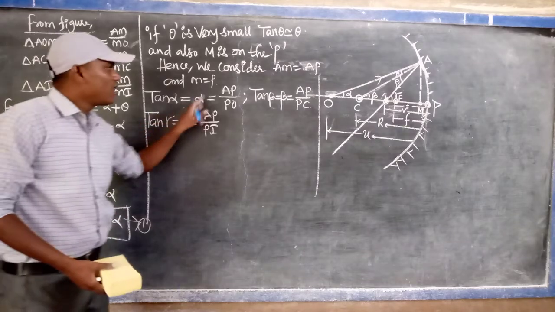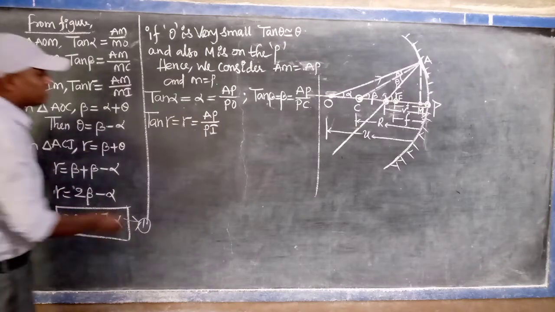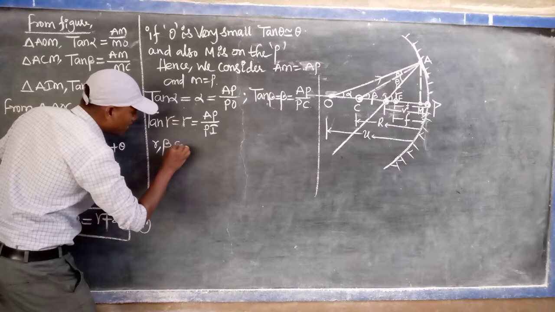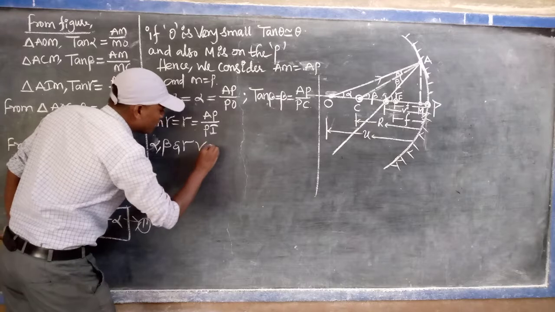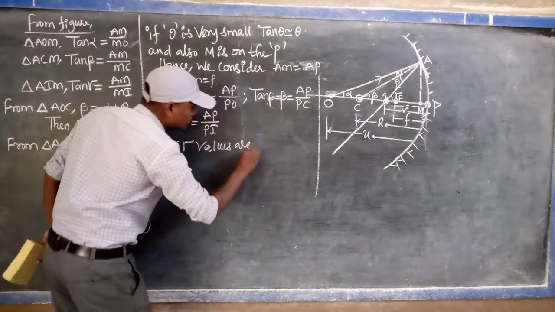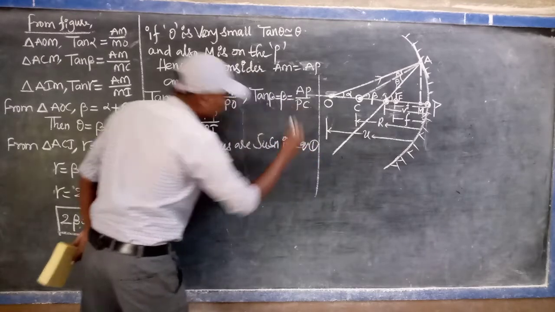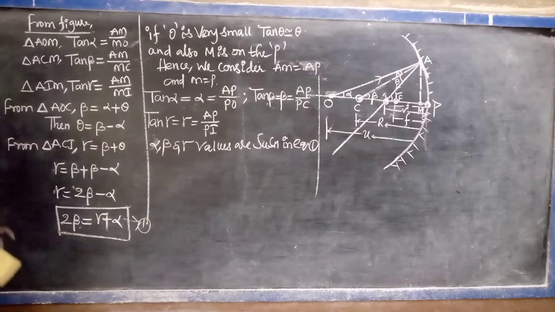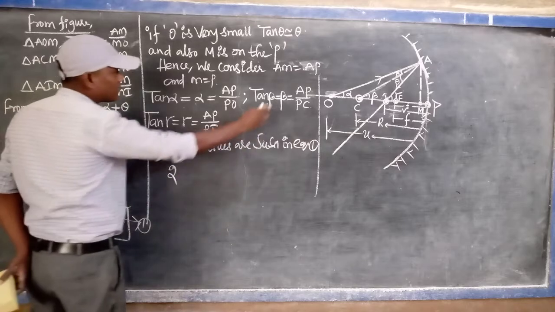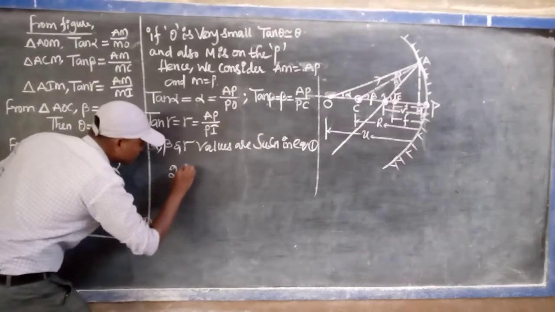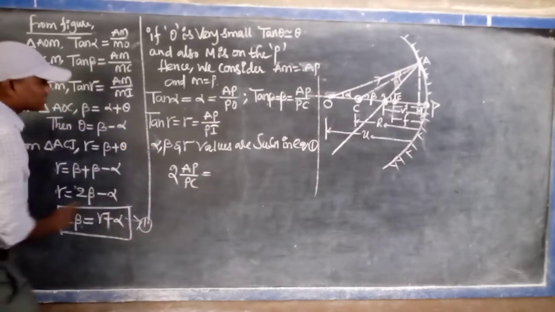The alpha, beta, gamma values are substituted in equation 1. So when we substitute all the values in equation 1, 2 into beta, beta means AP upon PC, is equal to gamma plus alpha.